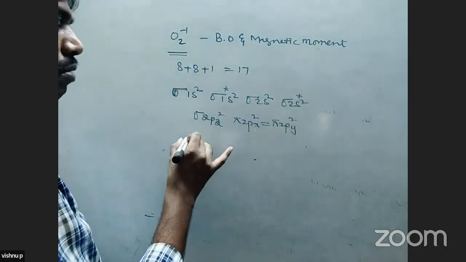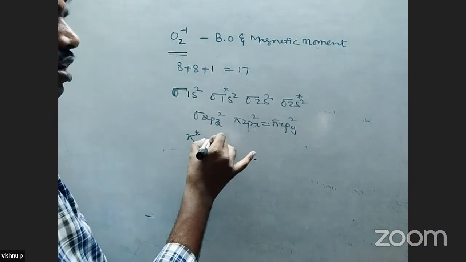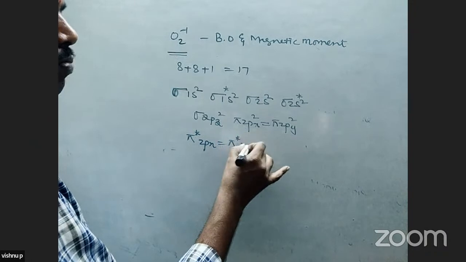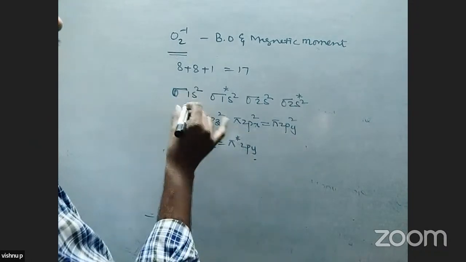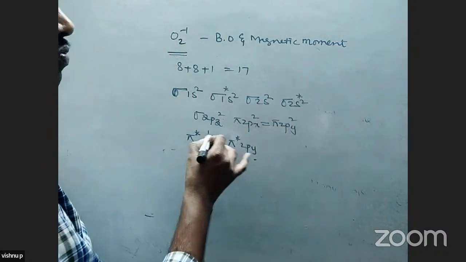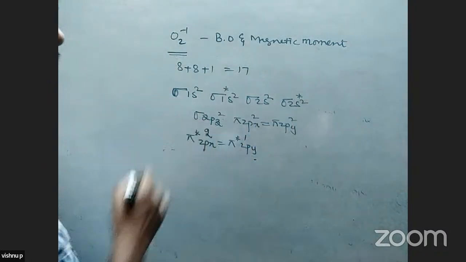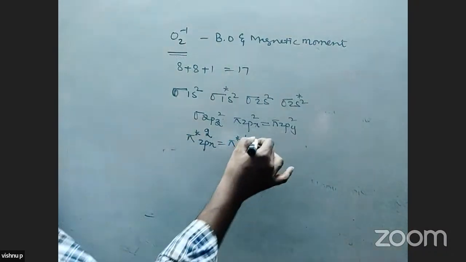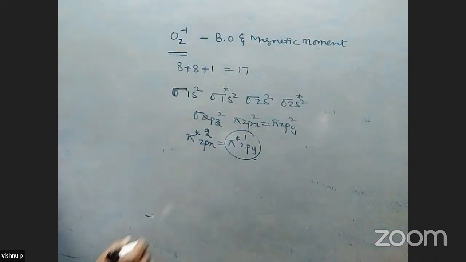Next, pi antibonding 2px equal to pi antibonding 2py. Here, how many electrons are filled? 2, 2, 4, 6, 8, 10, 12, 14, 15, 16, 17. So this is the electronic configuration of O2 minus 1, and only 1 unpaired electron is present.